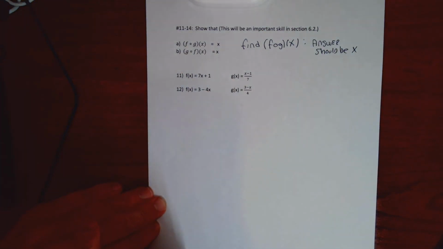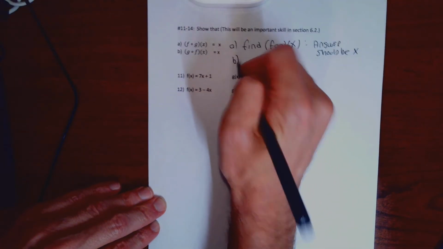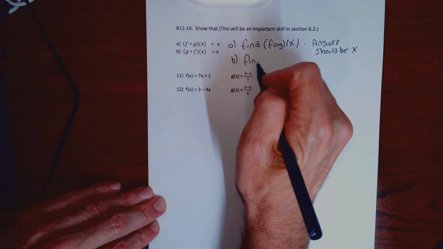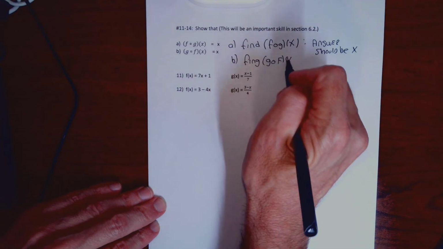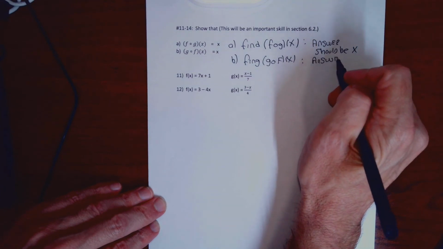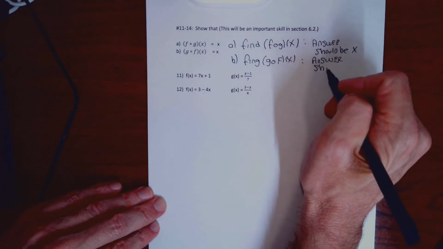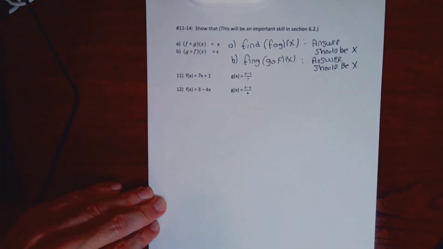I'm telling you what to find, and I'm telling you what the answer is. Similarly, in part B, I could have said find g composed with f of x, and then the answer should be x. And if it's not x, then I've made a math error somewhere along the way.